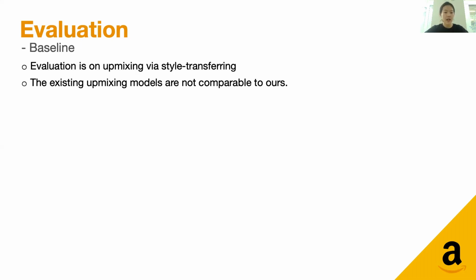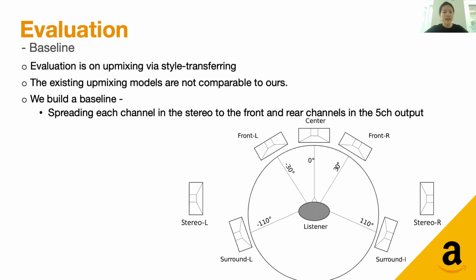Since our model conducts upmixing in a novel way, existing models in the literature are not comparable to ours. So we built a simple baseline model by spreading each channel of the stereo to the front and rear channels of the same set of 5-channel speakers. This is an upmixing mode commonly used by home receivers called all-channel stereo.